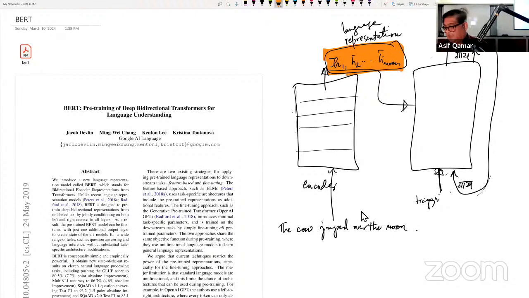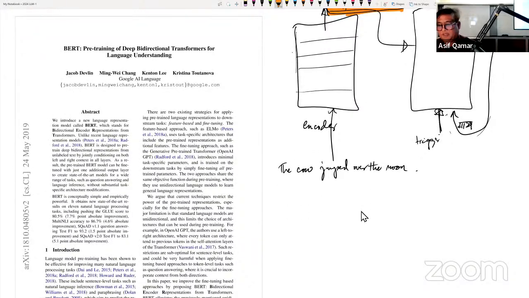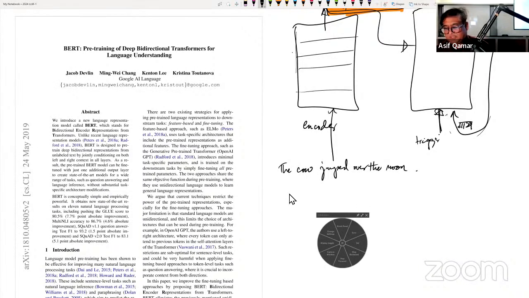But that begs the question, how in the world are we going to train this transformer network? Now, remember, we are now acclimatized to a terminology which we talked about in the morning. We have transfer learning. The best way to do downstream tasks is to follow the methodology of transfer learning, which has two principal steps. What are those two steps?